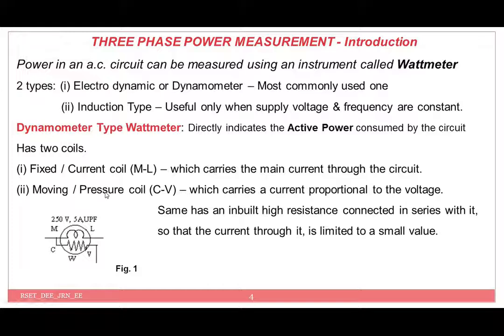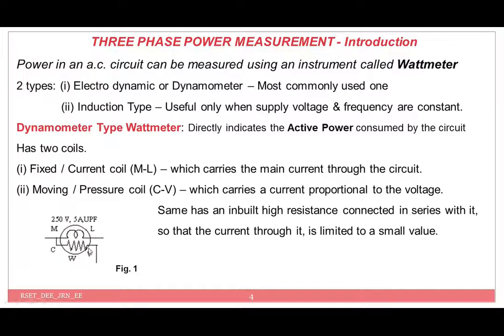You also have the pressure coil, which measures the voltage aspect. The pressure coil is otherwise known as the moving coil. It carries a current proportional to the voltage. Since it has an inbuilt high resistance connected in series with it, in order to differentiate the current coil and pressure coil, we represent it with the help of a resistance.